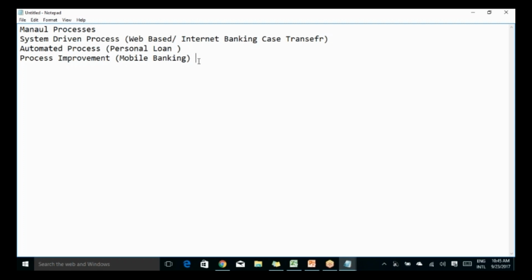And now there are multiple other transfer modes available, like PayPal and Stripe payment. These are examples of process improvement, of how processes within a business domain like banking have evolved from two decades ago till today. So any questions on this?